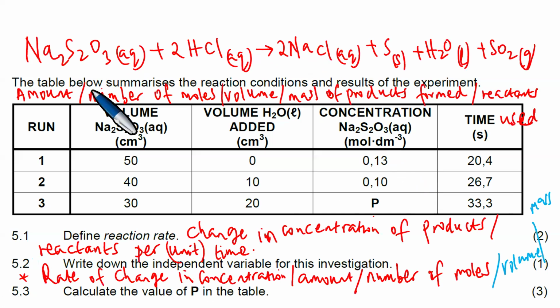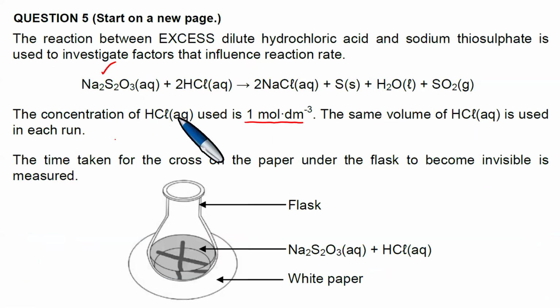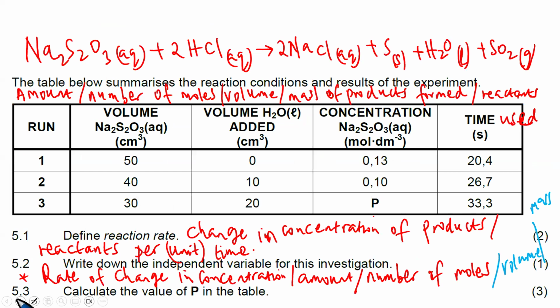You're able to see that this is sort of a standard solution in which the concentration of HCl used is this one. So it is clear that the HCl's concentration does not change. But now you are changing the concentration of what? Of Na2S2O3, sodium thiosulfate.